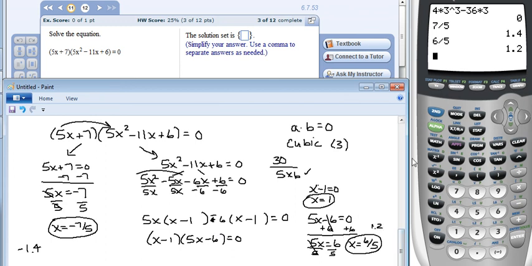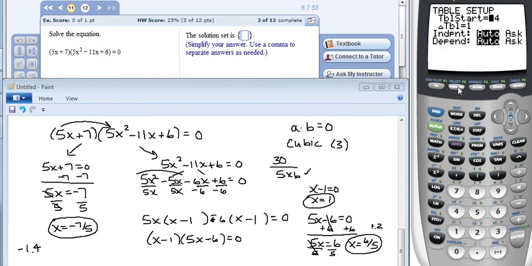Oh, this is cool. All right, so I'm going back to my table set. My table set in here tells me how I want to proceed. And this delta table right now is set for going by ones, right? It's going from 1 to 2 to 3 to 4, like that. Well, what if I wanted it to go by tenths instead, so I could catch these decimals?